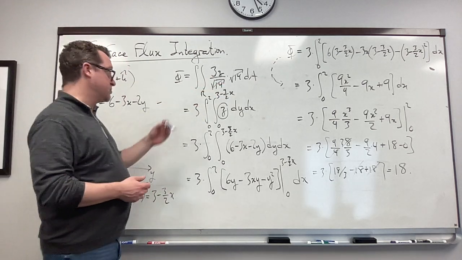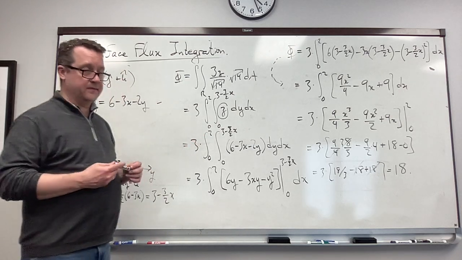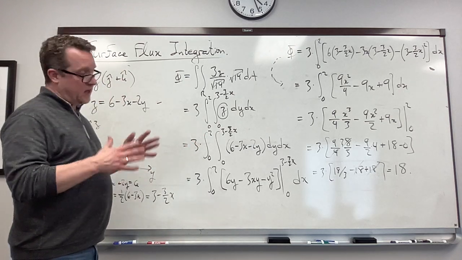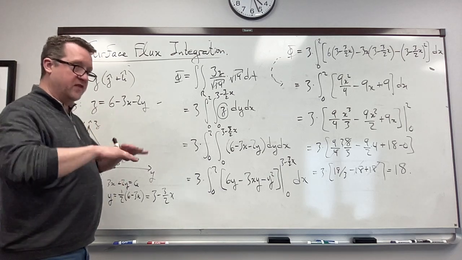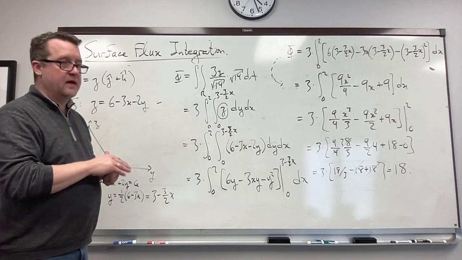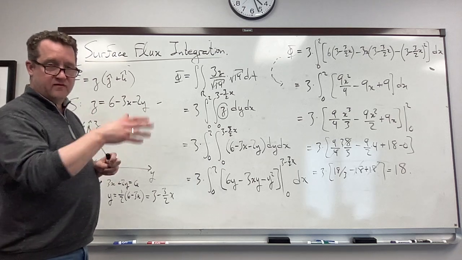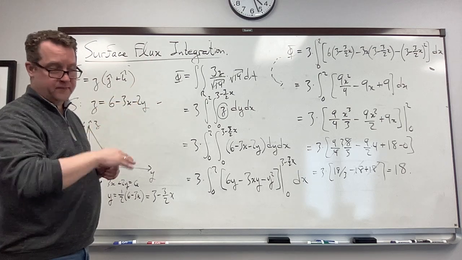Once you have the integrand for the flux, we're just doing a surface integration like we've done before. Then you decide what your surface definition is. Am I going to think of it as a height over xy or a height over xz? That choice guides you in how to convert dS to dA. It's the square root of 1 plus the two partials squared.